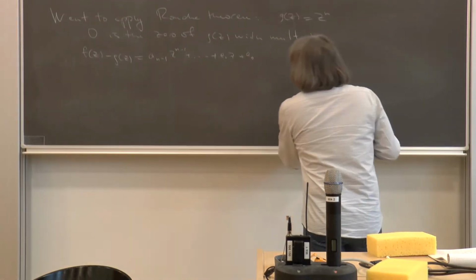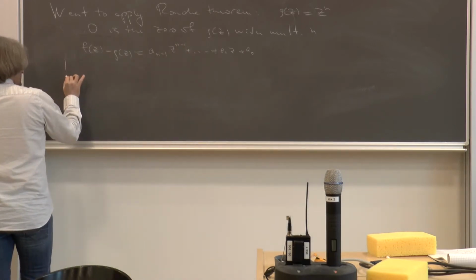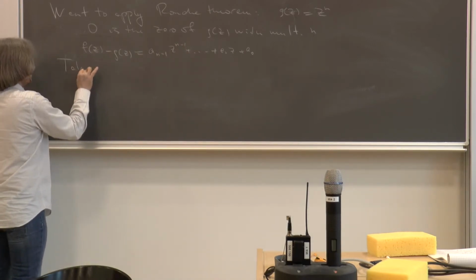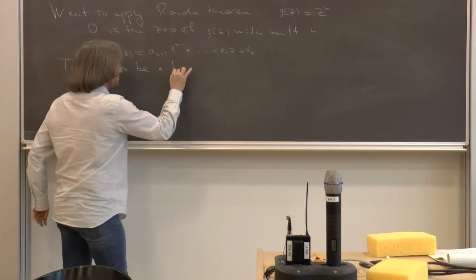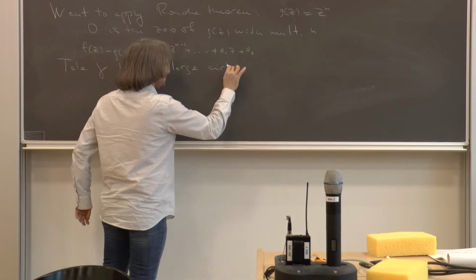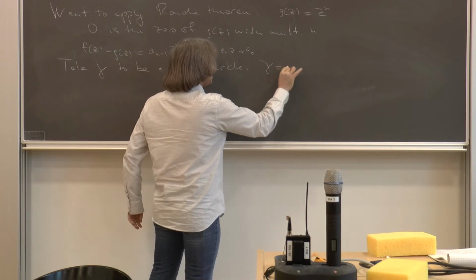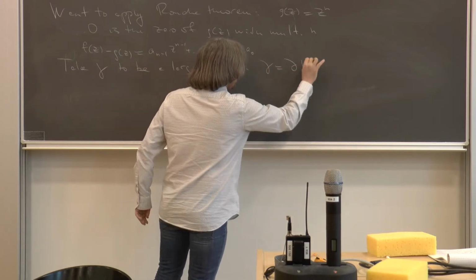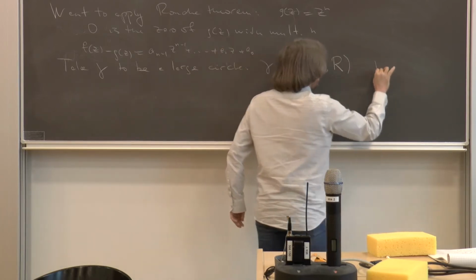So the difference is the rest of the expression. So then estimate. Let's take gamma to be a large circle. Say gamma is the circle of radius r around 0, where r is very big.